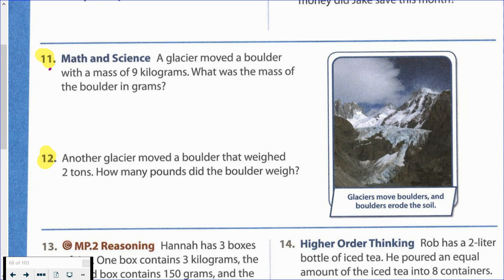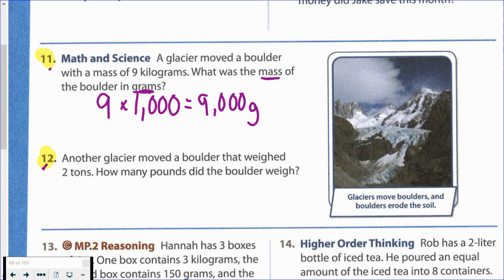And a glacier is a giant, giant sheet of ice. Okay, so we know the boulder weighed 9 kilograms. There are 1,000 grams in each kilogram. So to figure out the weight in grams, we multiply and we get 9,000 grams. So the mass of the boulder is 9,000 grams.